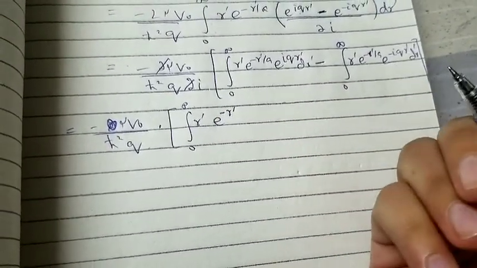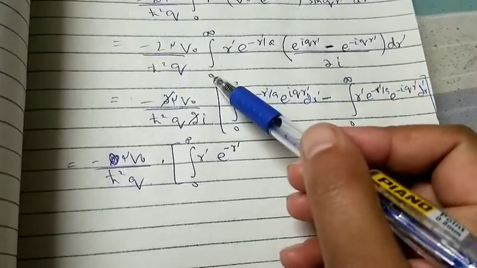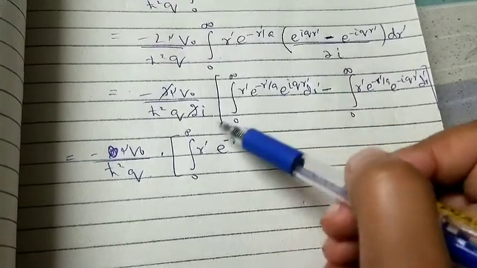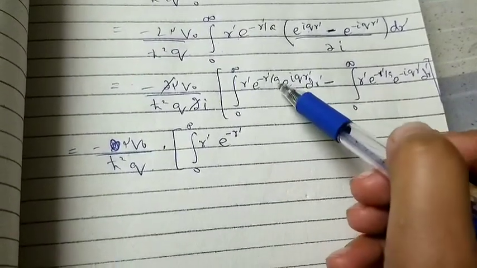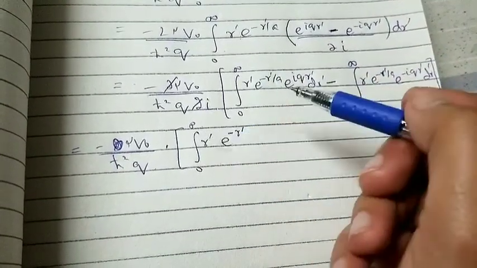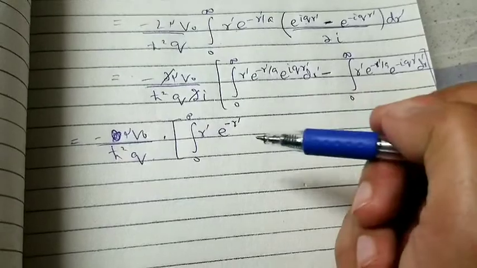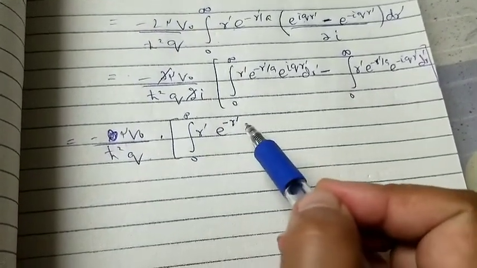You have to take minus r prime common because when we put the limits of integration, it's infinity. If you take r prime as common from this whole quantity, then it will become challenging for us to show that it will not diverge.